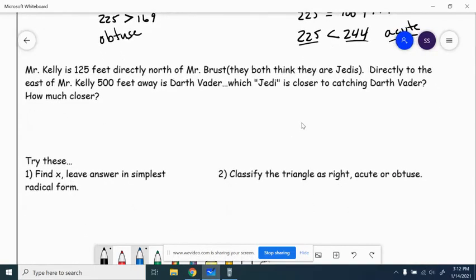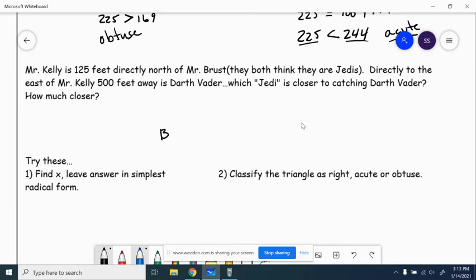moving on. We've got a story problem here. Mr. Kelly is 125 feet directly north of Mr. Brust. They both think they are Jedis. Directly to the east of Mr. Kelly, 500 feet away, is Darth Vader. Which Jedi is closer to catching Darth Vader? Okay, so let's definitely draw this out. So we have Mr. Kelly is 125 feet directly north of Mr. Brust.